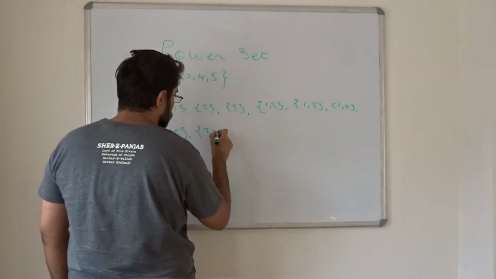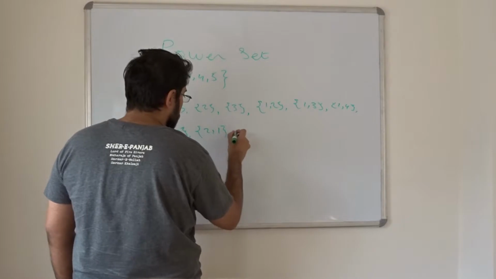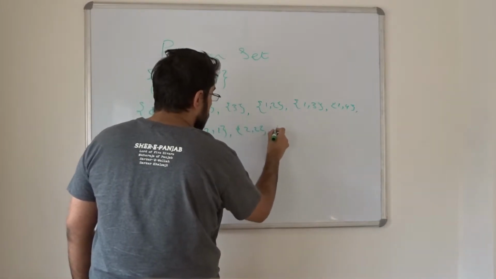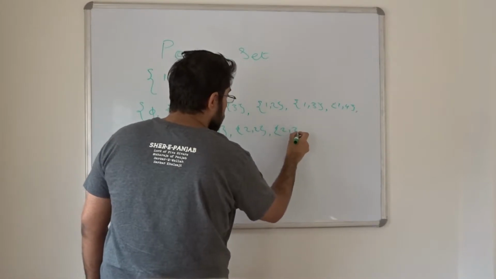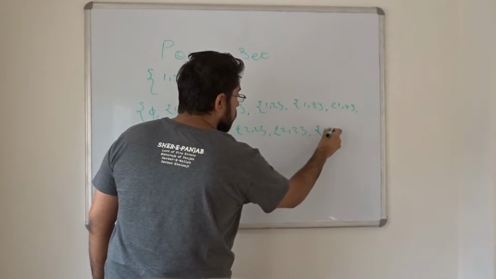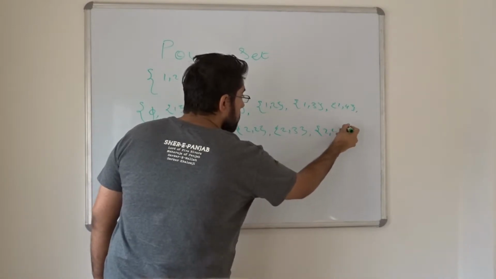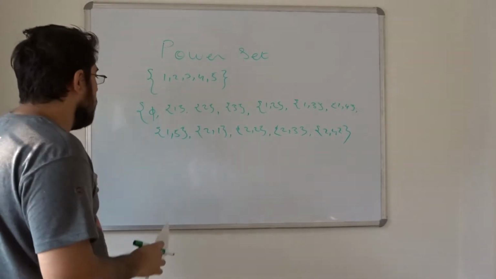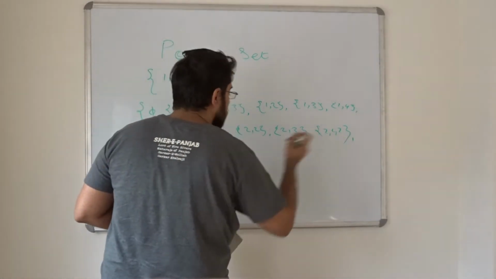You're gonna have 2, 1, okay? And you're going to have 2, 2, okay? You're going to have 2, 3, okay? And then you're going to have 2, 4, and then 2, 5, okay?